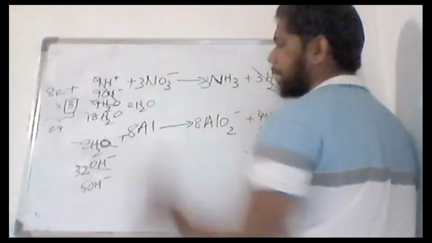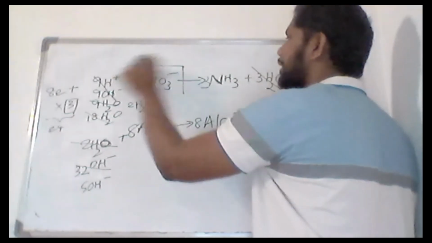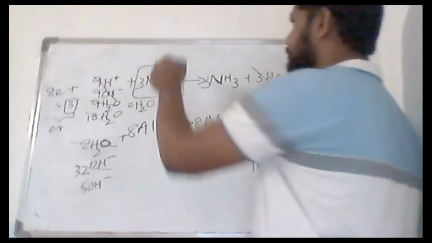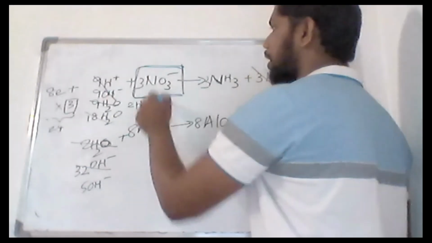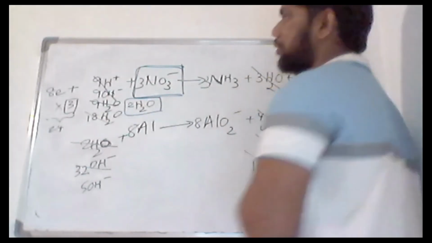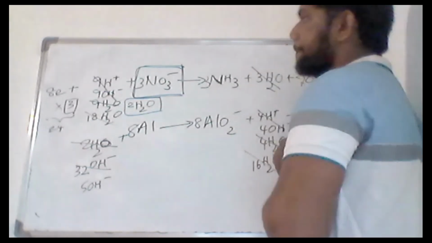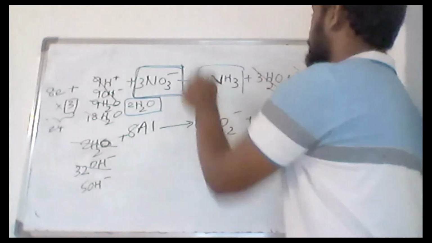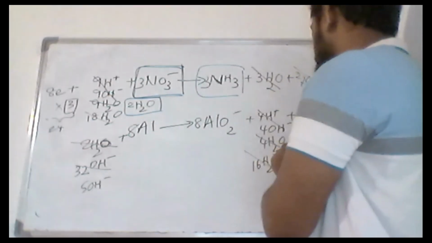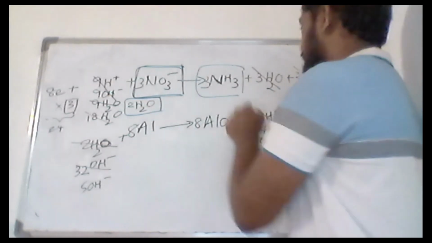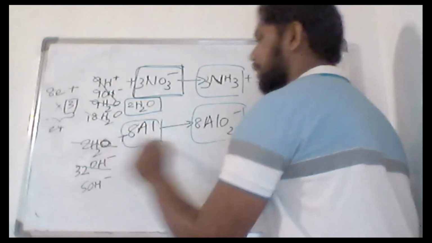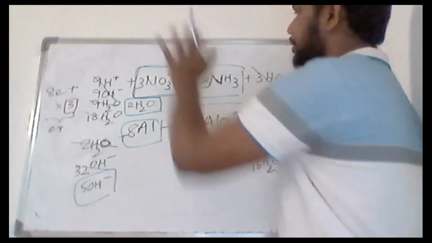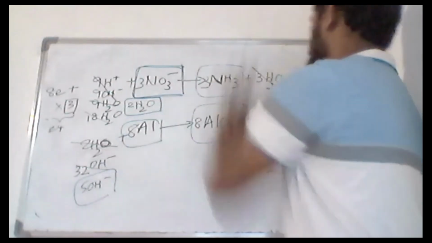So when you add all these, here there will be ammonia, and aluminate, aluminium, 5OH minus, and you have these things on this side and these things on this side.